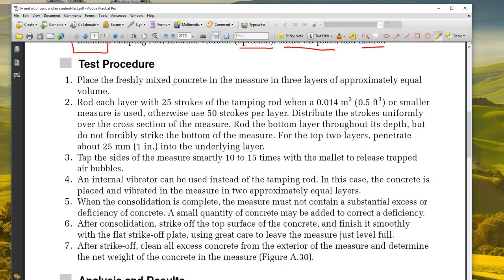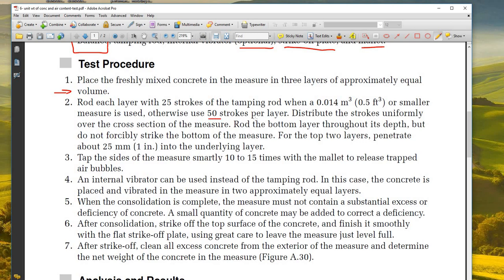The test procedure: first, place the freshly mixed concrete in the measure in 3 layers of approximately equal volume, as we have done in the previous experiment. Number 2, rod each layer with 25 strokes of the tamping rod when a measure of 0.014 cubic meter or smaller is used.